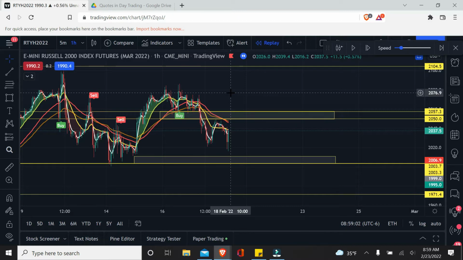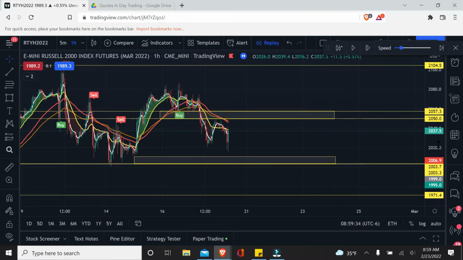Your risk to reward ratio needs to be healthy, comparable, maybe 1-to-1. I've even looked at certain trades where maybe I risk 10 points and I'm looking at a take profit at 7 or 8 points, depending on looking left at the other price movement that happened earlier that day.